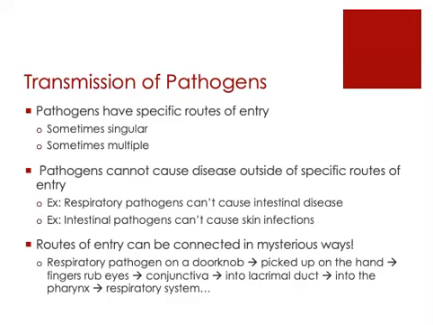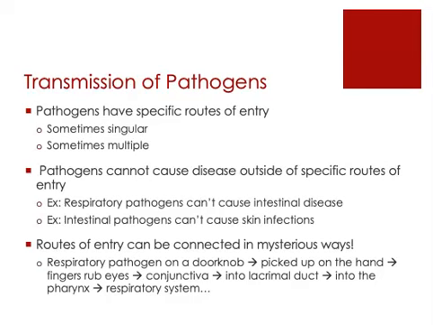It can't cause disease in the intestinal tract. Just like intestinal pathogens can't cause skin infections, for example. It just doesn't happen. Pathogens are adapted to a particular type of tissue, and they're capable of causing disease in those tissues if they can gain entry to those tissues.